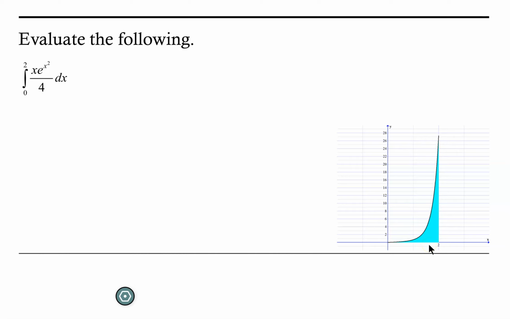Welcome. Let's take a look at using the substitution technique to evaluate definite integrals. In this case, we have the integral from 0 to 2 of x times e to the x squared over 4 dx.